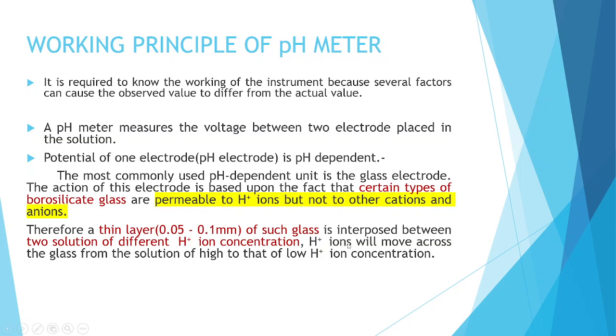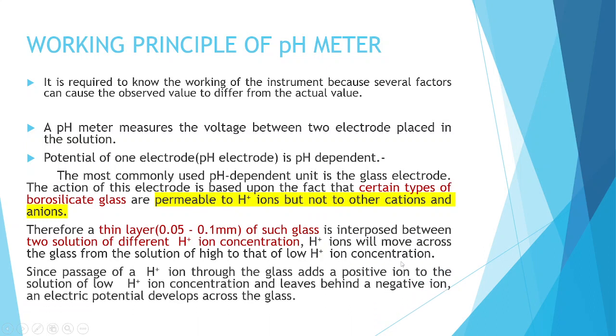Hydrogen ions will move across the glass from the solution of high to that of low hydrogen ion concentration. Since passage of hydrogen ion through the glass adds a positive ion to the solution of low hydrogen ion concentration and leaves behind a negative ion, an electric potential develops across the glass.